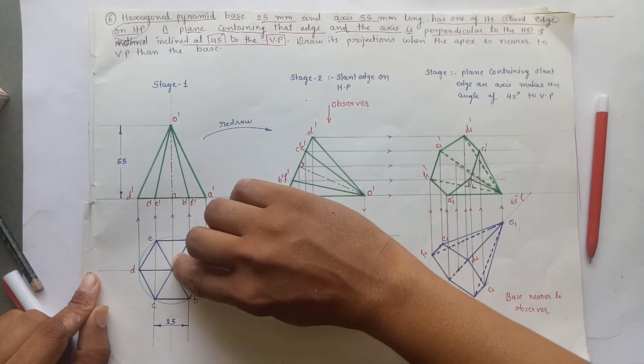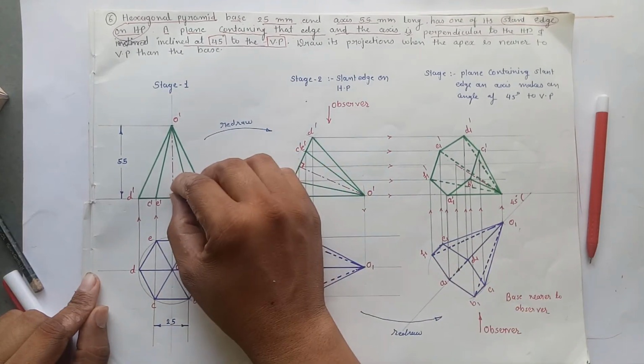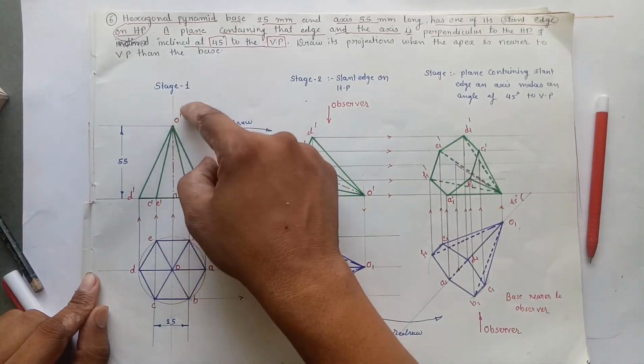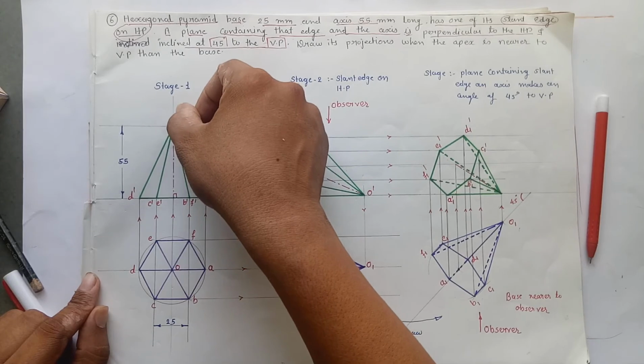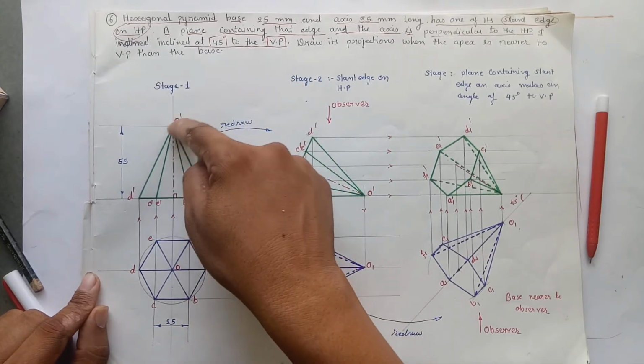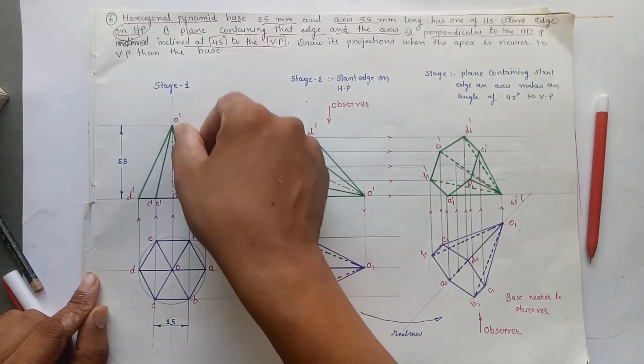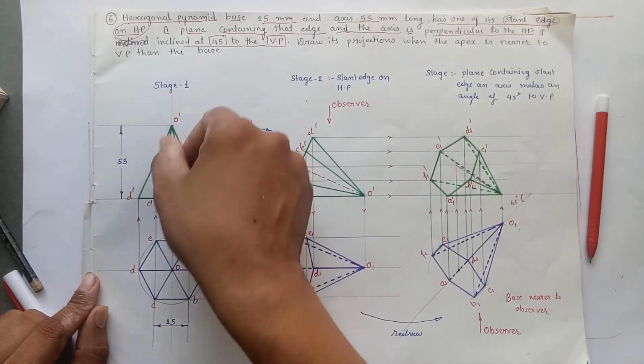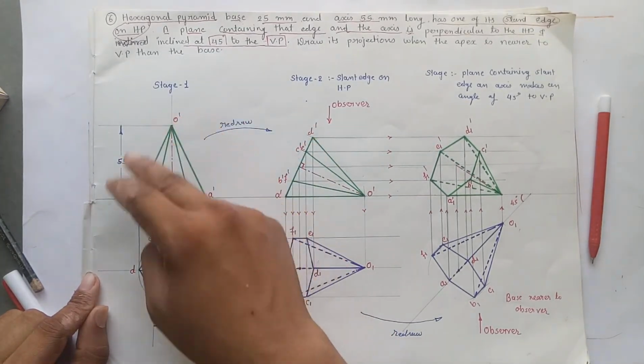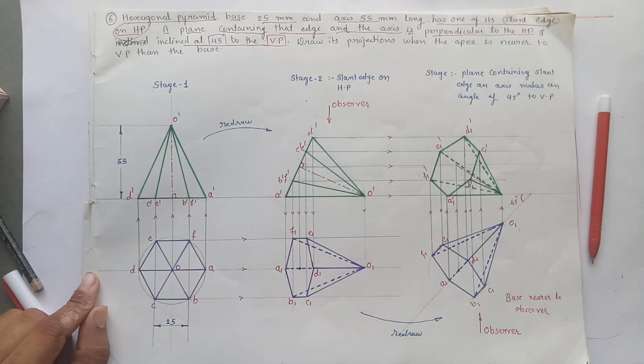Project the apex point. Measure the axis height. Mark the elevation of the apex point. After marking it, join the apex point to the base corners, that is O dash A dash, O dash B dash, O dash C dash, O dash D dash, O dash E dash, O dash F dash. So this will be the elevation of the hexagonal pyramid in the first stage.